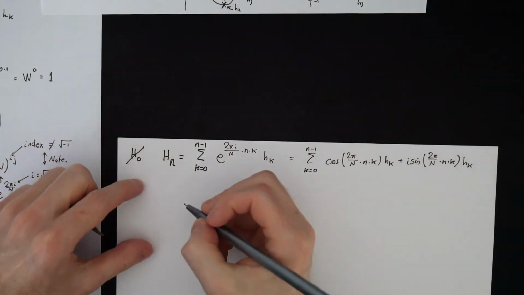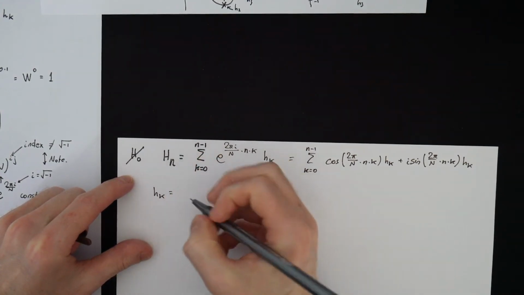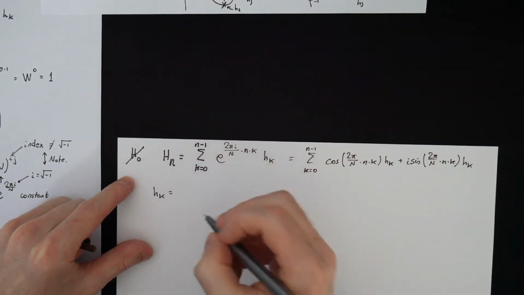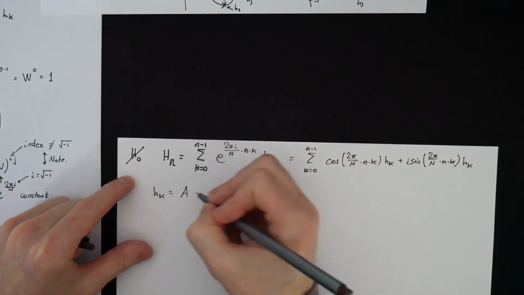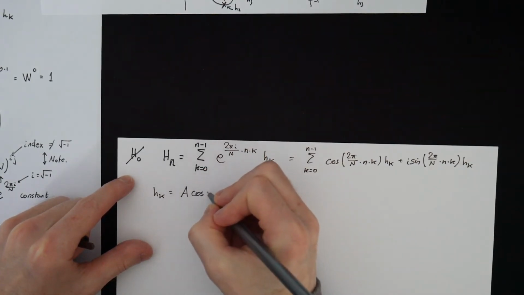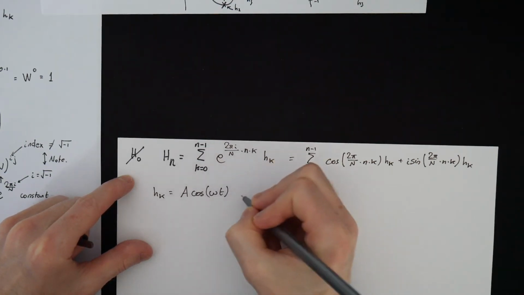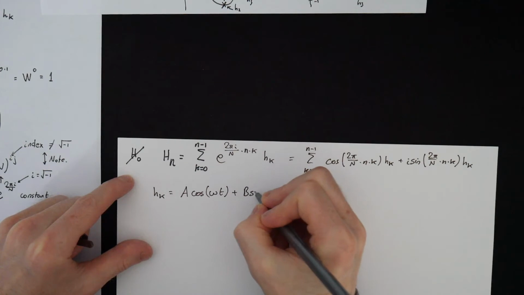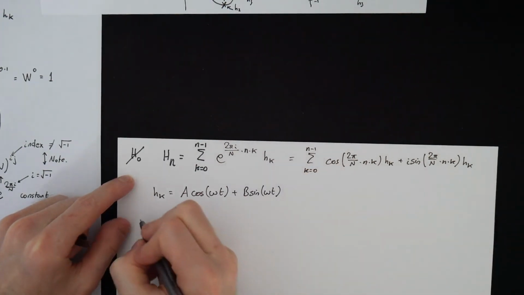And now let's say h of k is, I'm not exactly sure where I'm going with this, but let's say a cos omega t plus b sine omega t, something like this. What do we get?